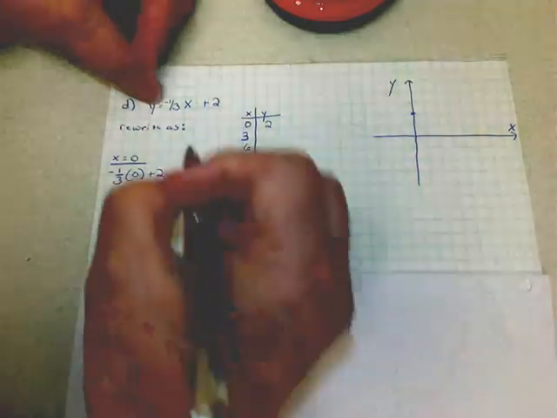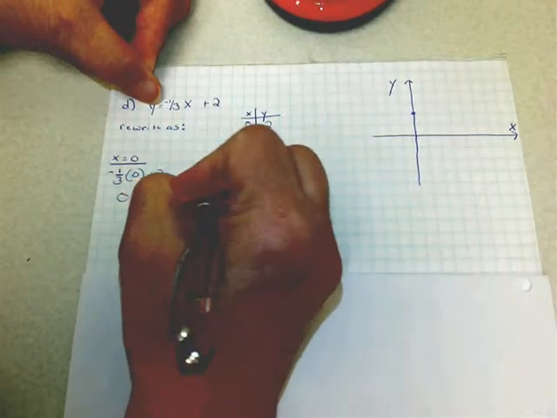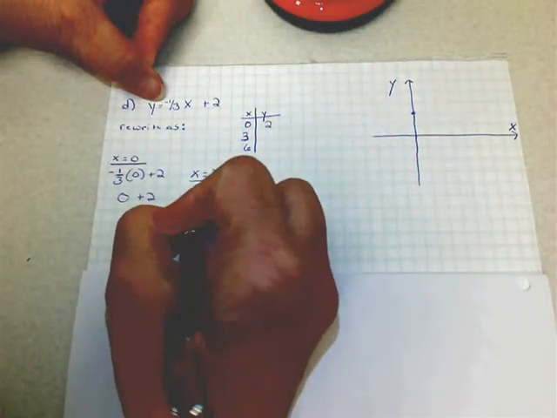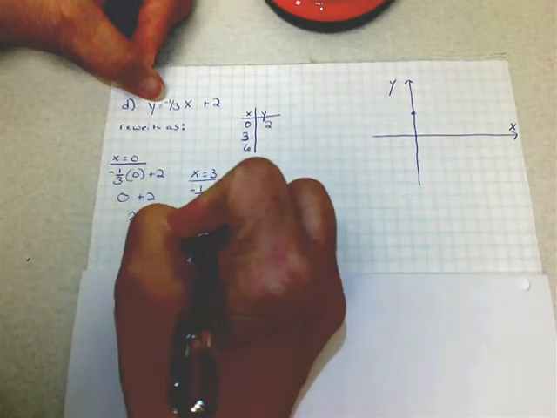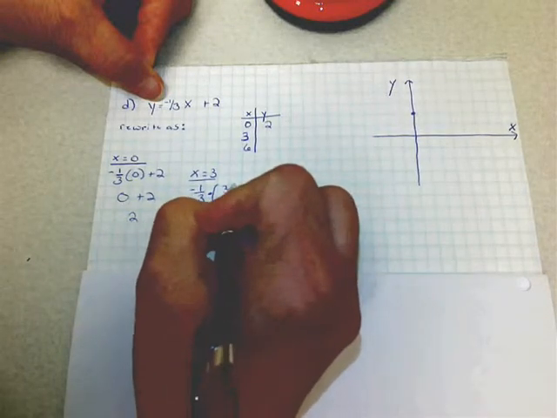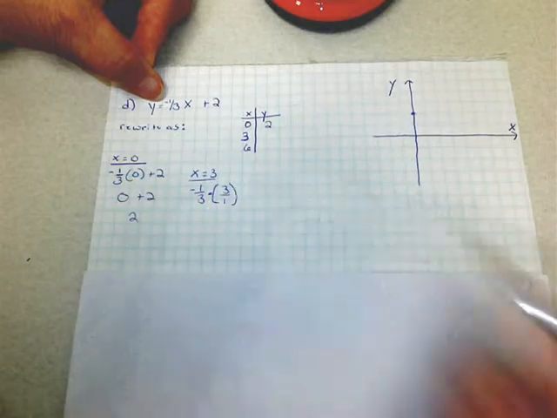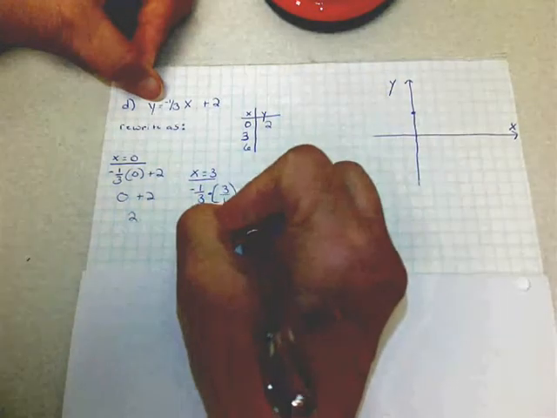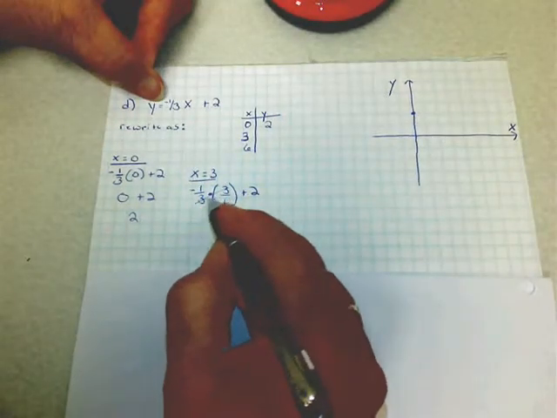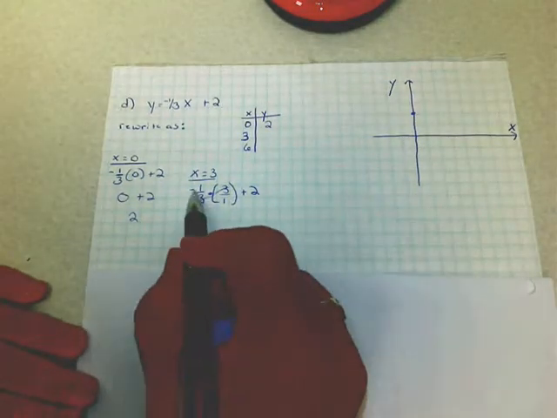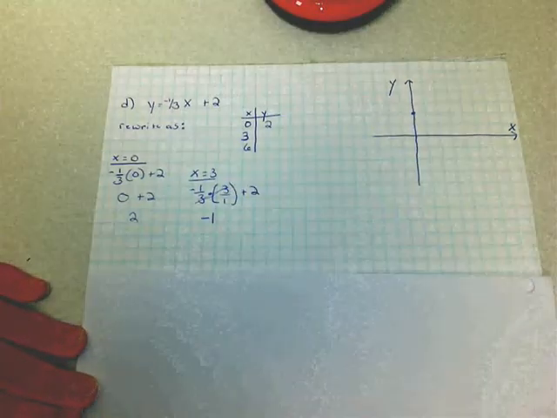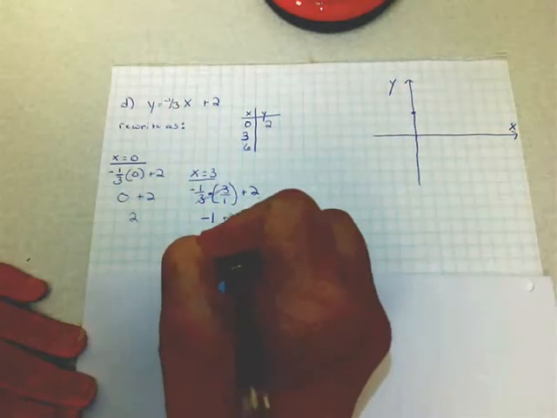Now I'm going to let x equal 3. And when I do that, negative 1 over 3 times 3, and remember, a whole number is a fraction over 1. And then I say plus 2. Well, 3 divided by 3 goes away, and negative 1 divided by positive 1 gives us negative 1 plus 2.